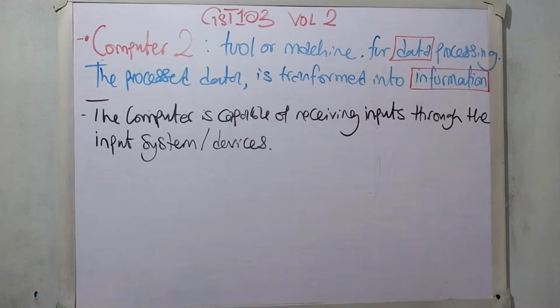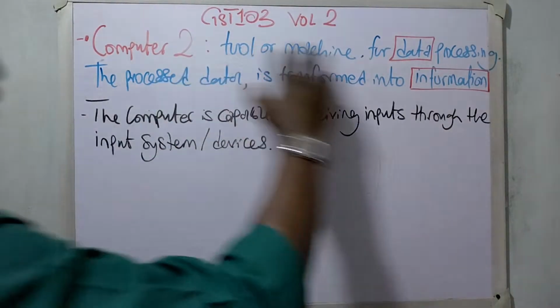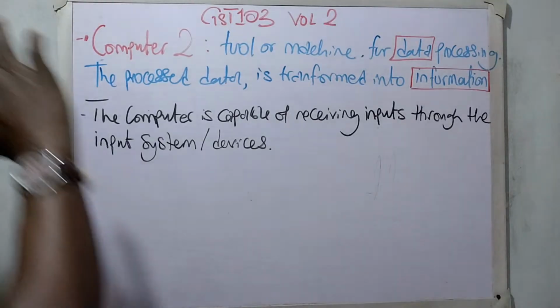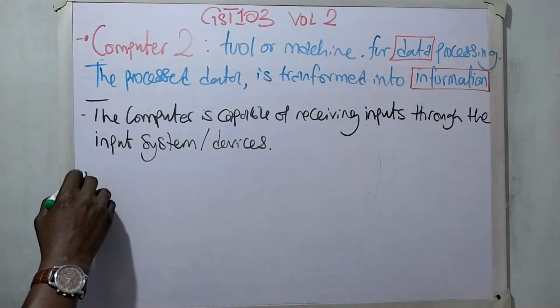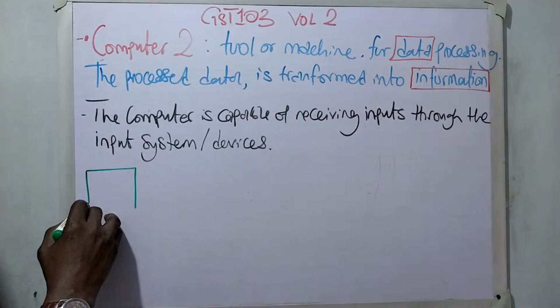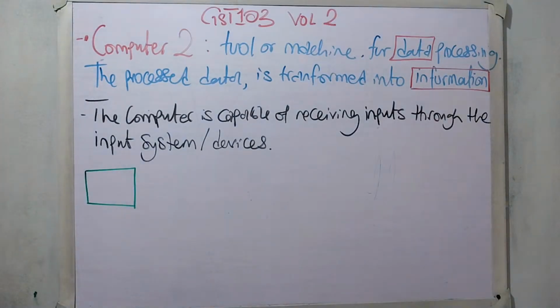So let's quickly consider a very simple table that explains this process. All right, let's quickly consider a very straightforward table that explains this process. So we have the first table here, the first box.